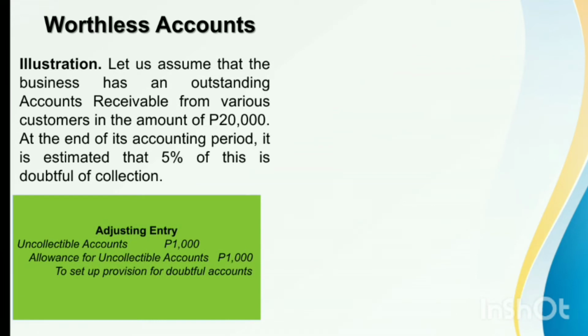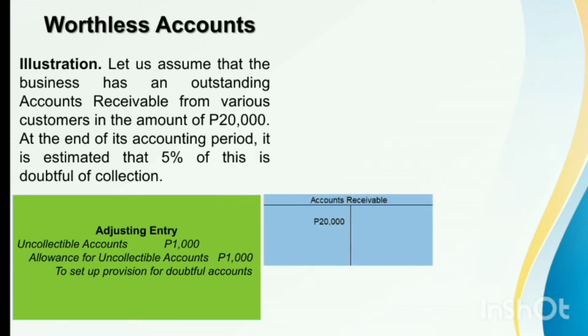So, after providing the 5% estimated uncollectible accounts, ganito yung magiging itsura ng T account or general ledger natin. So, the accounts receivable will have the outstanding debit balance of 20,000, and then the allowance for uncollectible accounts will have a credit balance of 1,000.